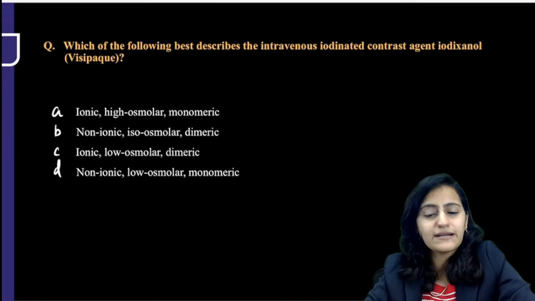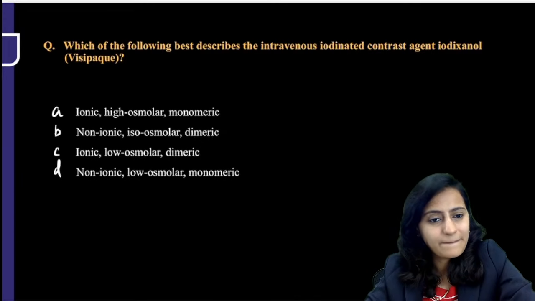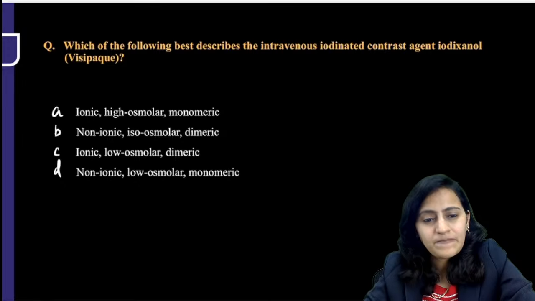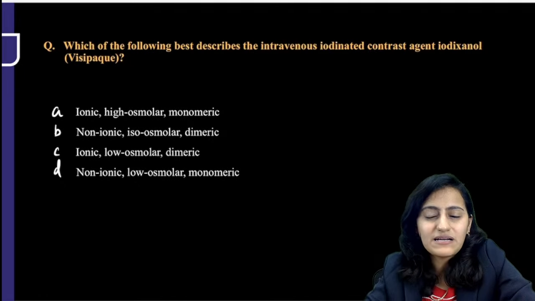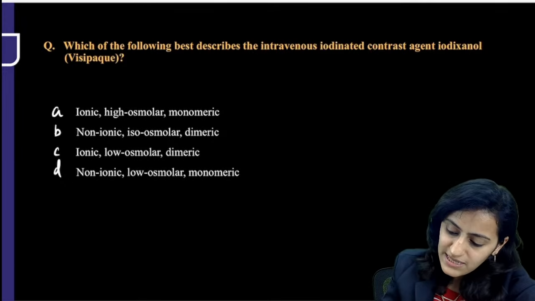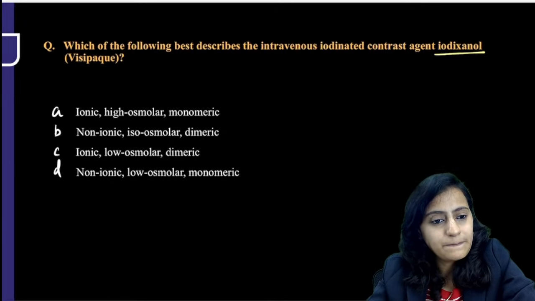What do you think would be the answer to this one? Which of the following best describes the IV iodinated contrast iodixanol?